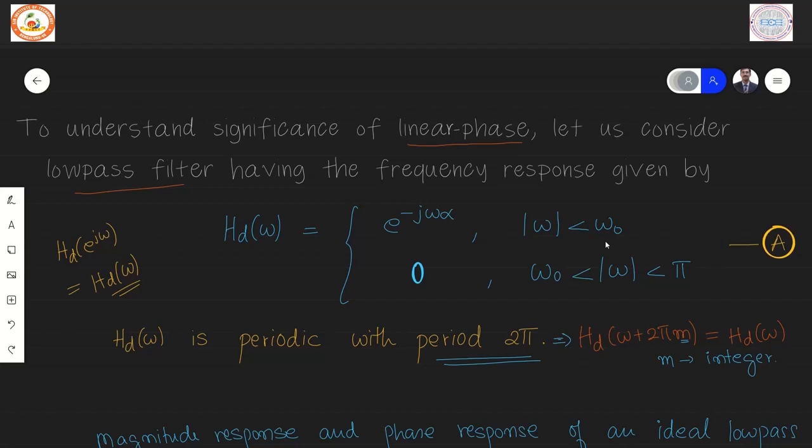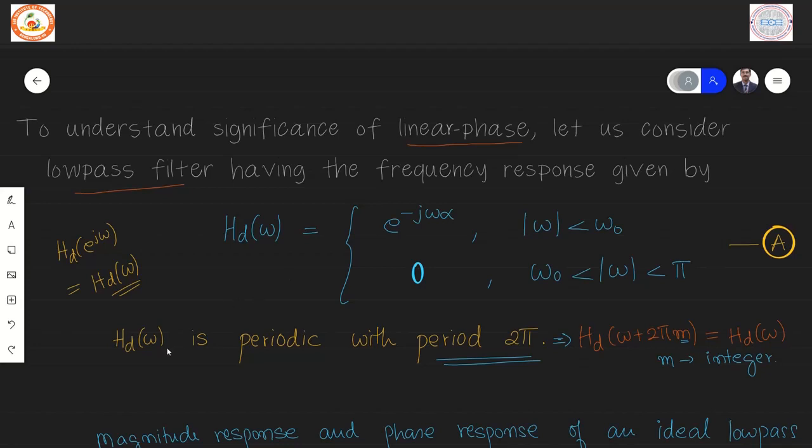We can talk about that in further topics. When the frequency is between omega naught and pi, then the frequency response is 0. Now the frequency response can be written as Hd of e to the power of j omega. Alternatively, as a shorthand notation, we can simply call it Hd of omega. So this informs us that it's a function of omega, which is frequency.